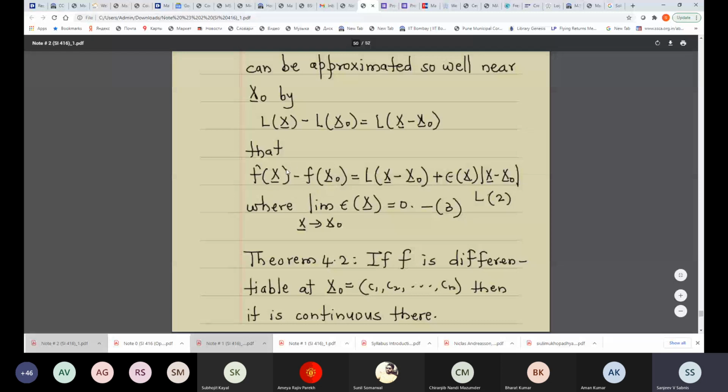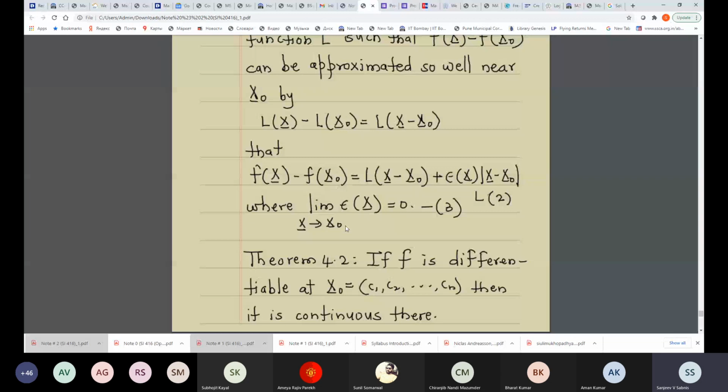That's what we are saying. So fx minus fx naught is this plus epsilon x times the norm of the vector x minus x naught, where the limit of epsilon x approaches 0 as this vector approaches x naught. When I say that this vector approaches x naught, that means coordinate wise. So the ith coordinate of this is getting closer to the ith coordinate of this and so on.